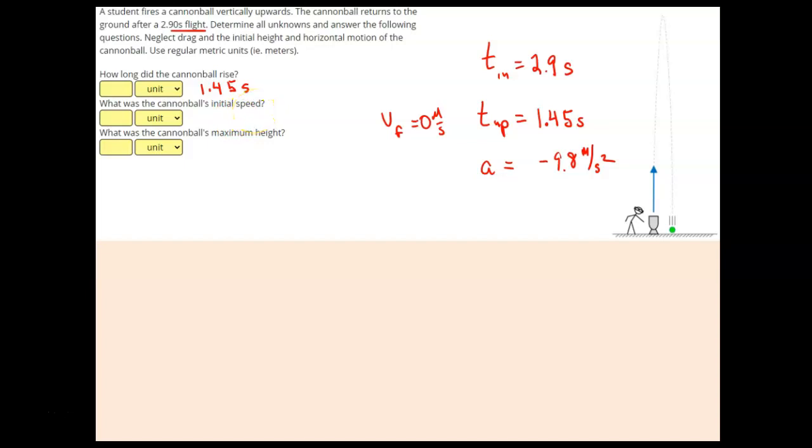Okay. What was the cannonball's initial speed? Well, we're trying to find VI. We know acceleration. We know time. So what would a good equation be? An appropriate equation would be velocity final equals velocity initial plus acceleration times time, right?